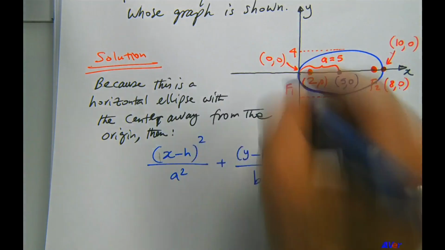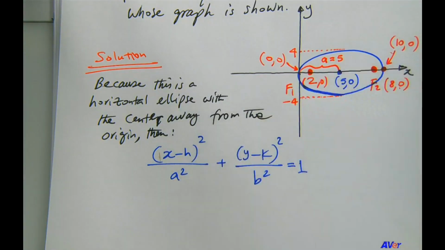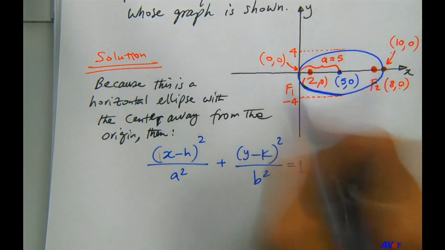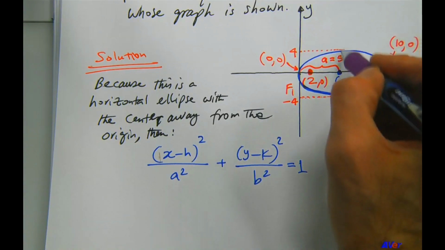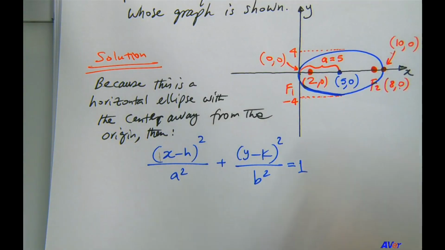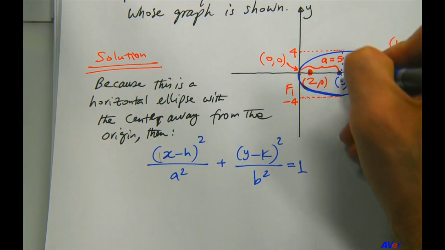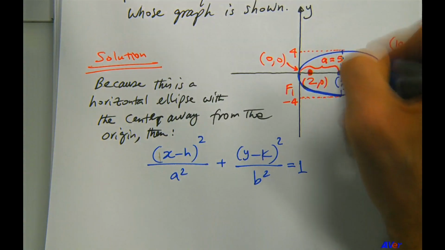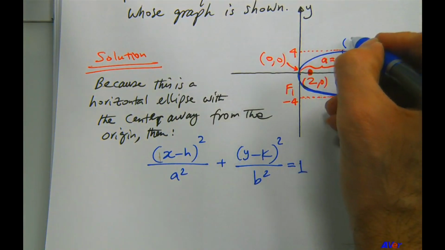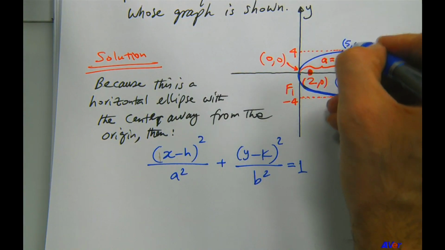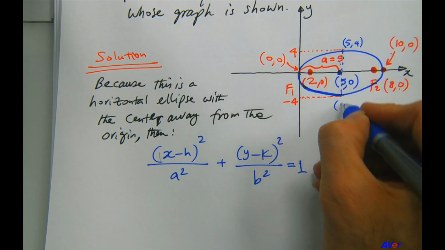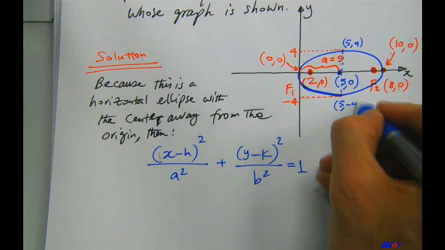And that's important because the minor axis, which goes through the center and from the top to the bottom points, has to be 5, 4, and this point has to be 5, -4, right?